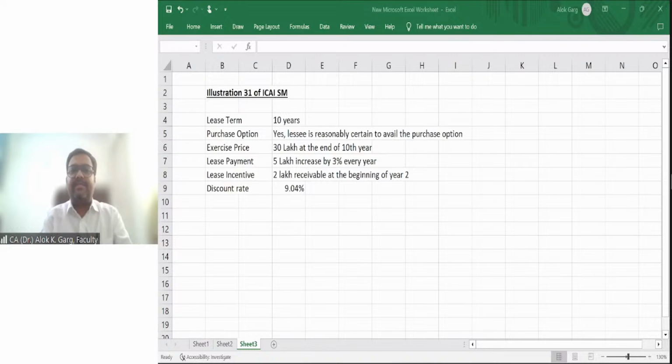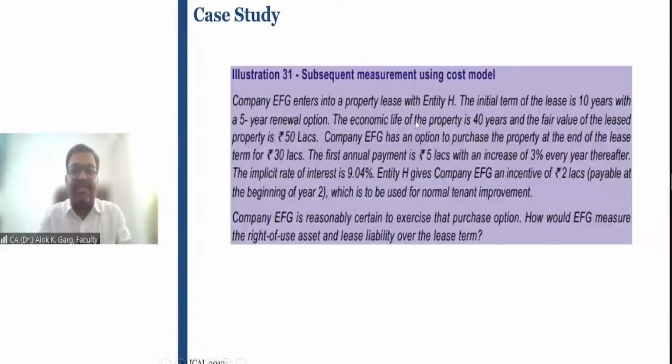Friends, let's read this question again. Company EFG enters into a property lease with entity H. The initial term of the lease is 10 years with a 5-year renewal option. The economic life of the property is 40 years, and the fair value of the leased property is 50 lakh. Company EFG has an option to purchase the property at the end of the lease term. The first annual payment is 5 lakh with an increase of 3% every year thereafter.